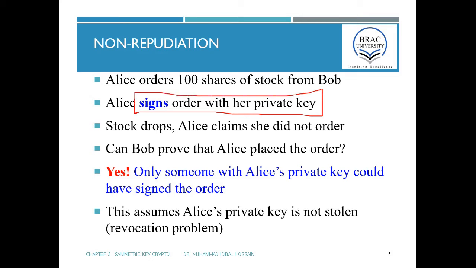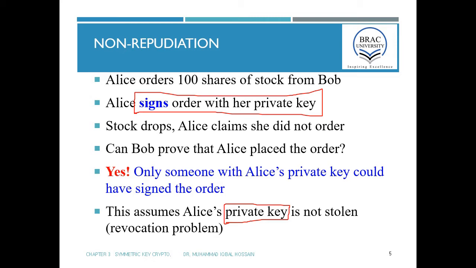Anyone who has the private key can sign the order, but the definition of a private key is that it should belong to only one person. As Alice signed the order with her private key, it proves that Alice ordered the shares, unless the key was stolen. Usually a private key is private, so you shouldn't lose it.